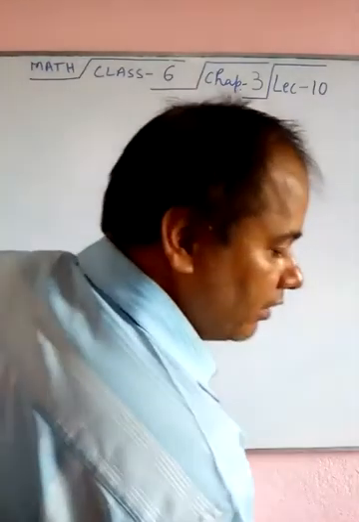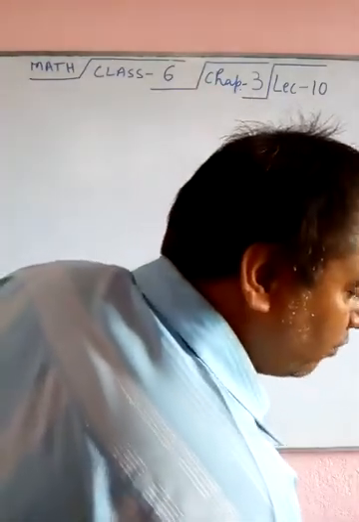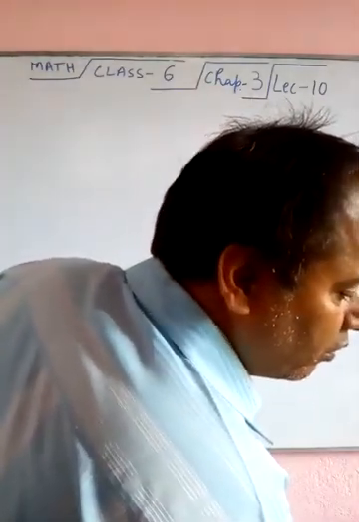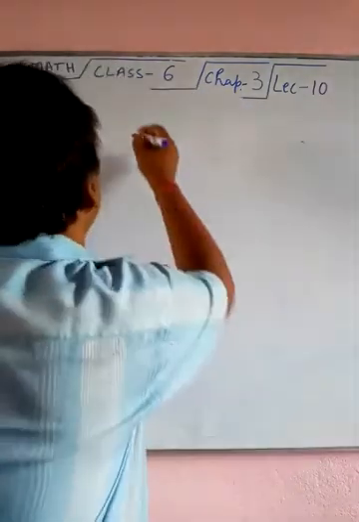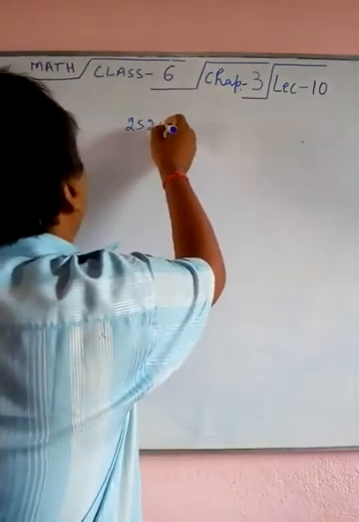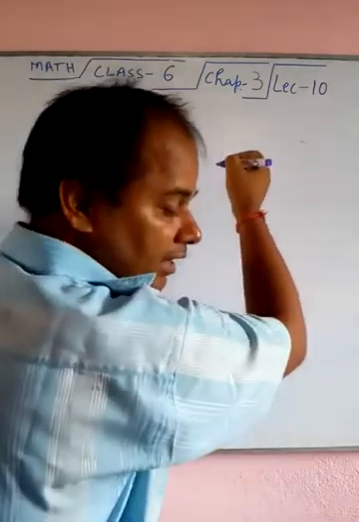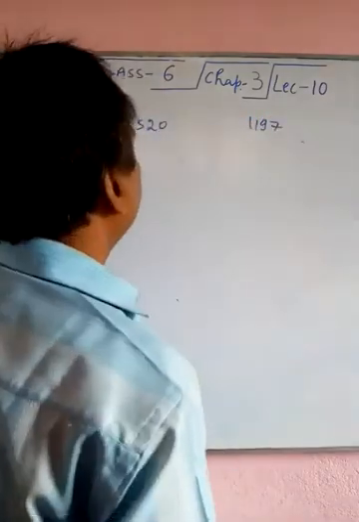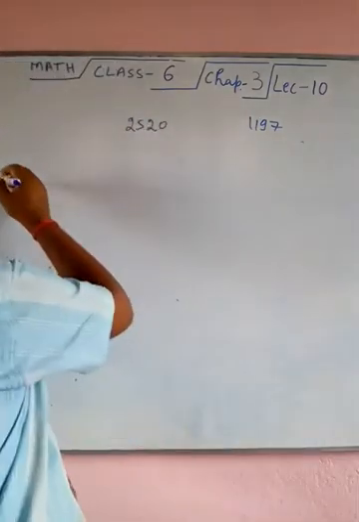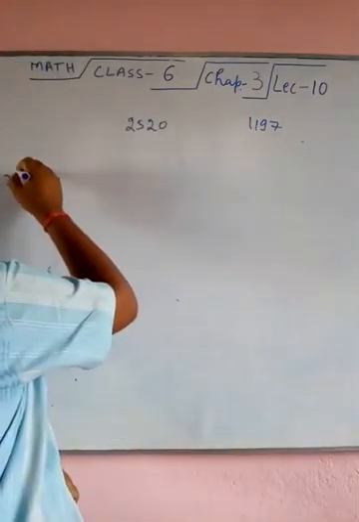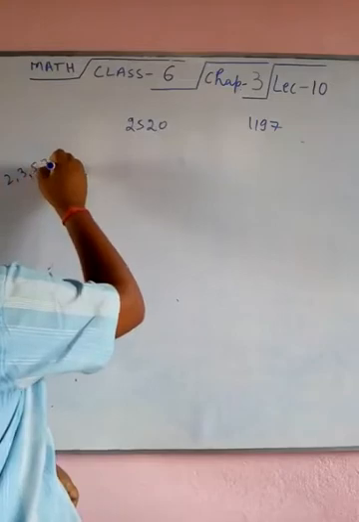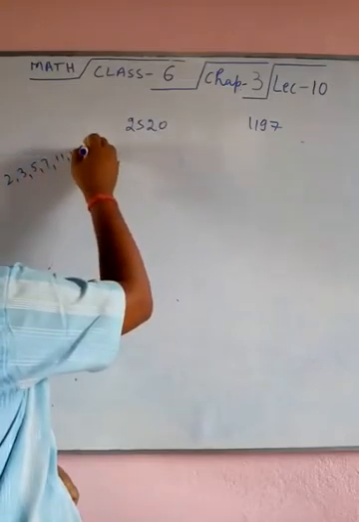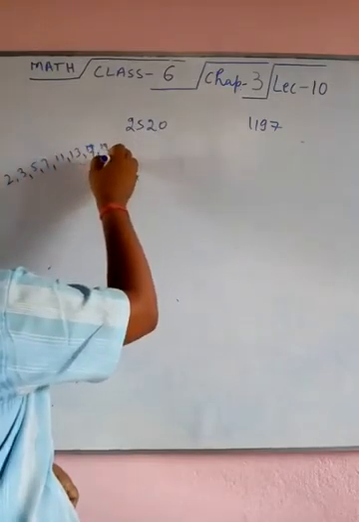Find the prime factorization of 2520 and 1197. So we have the prime numbers 2, 3, 5, 7, 11, 13, 17, then 19.